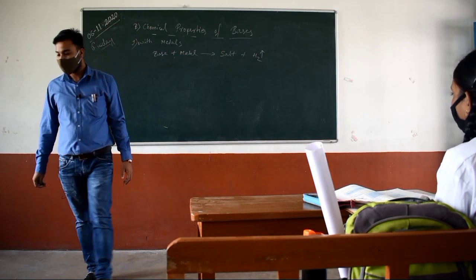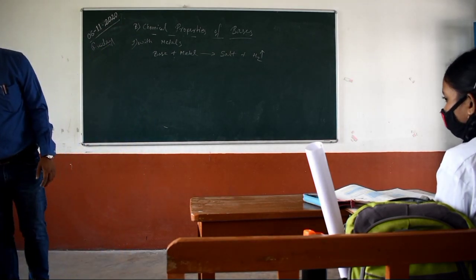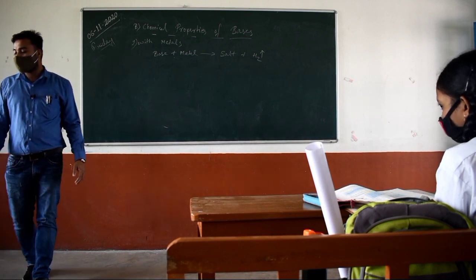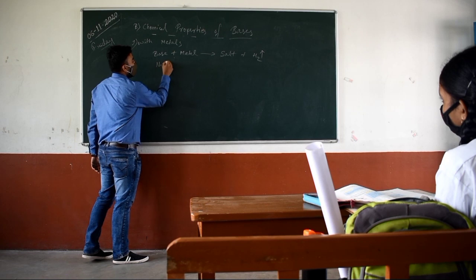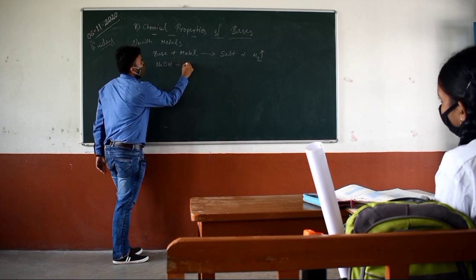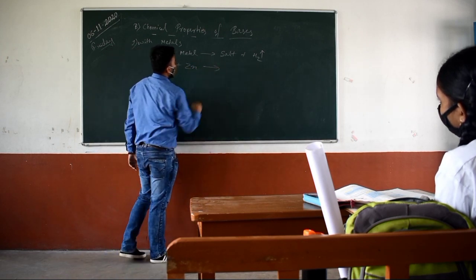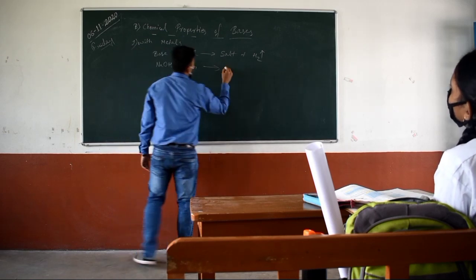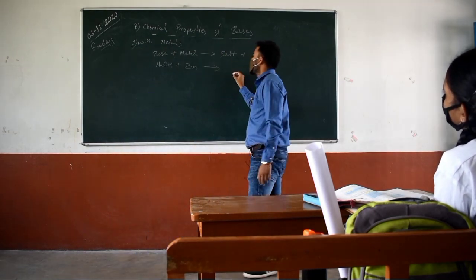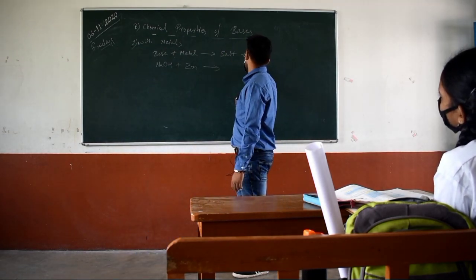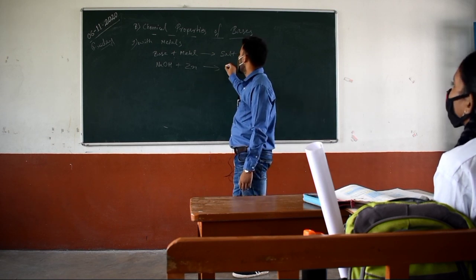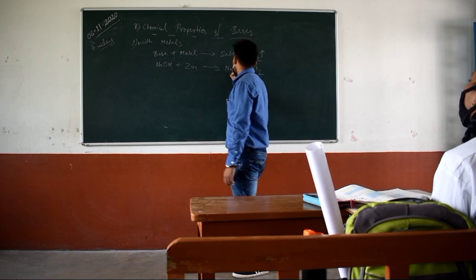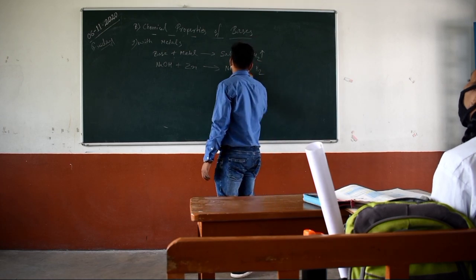Clear all of you? Now here we have the example sodium hydroxide and zinc. So the base we have is NaOH, right? Then the metal zinc. It will form the salt which is, tell me, here it will be hydrogen, then Na2ZnO2.